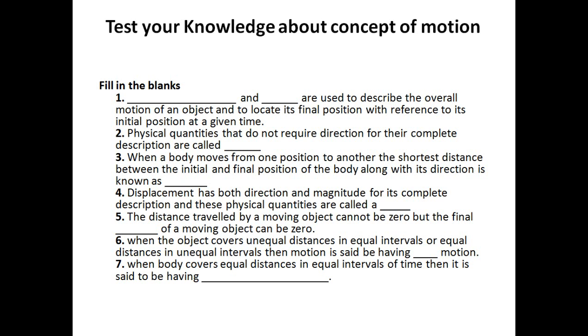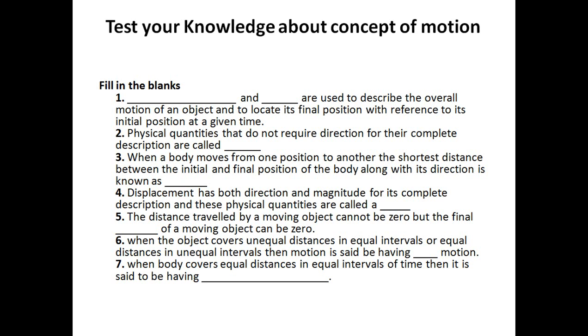Now come to the sixth question. When the object covers unequal distance in equal intervals, or equal distance in unequal intervals, then the motion is said to be having what? We have discussed the two types of motion, uniform motion and non-uniform motion. Uniform motion is the case in which the object covers equal distance in equal intervals of time.